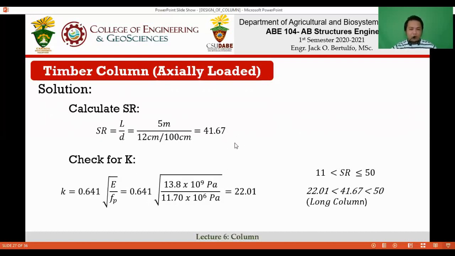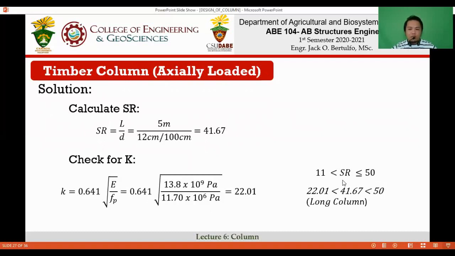So 41.67 is greater than 11. Therefore, it is not a short column. So it can be intermediate or long. So we need to check for K. Using E and Fp, we calculated that K is equal to 22.01.